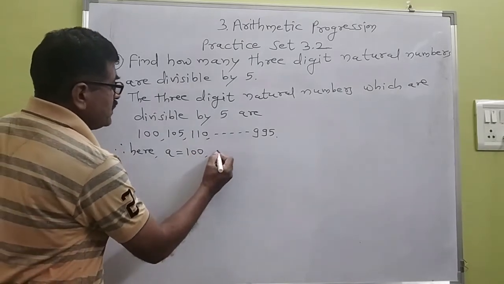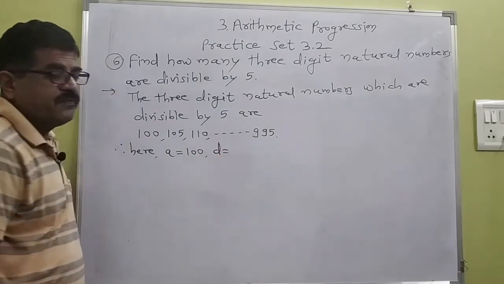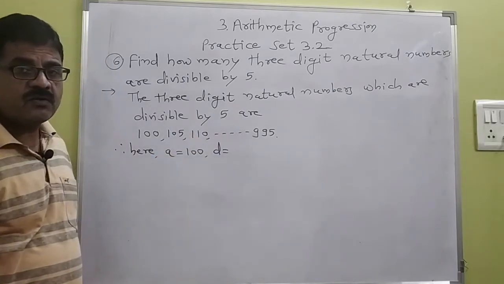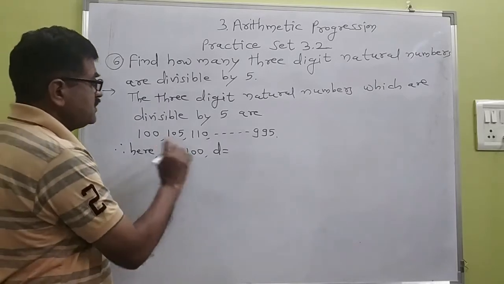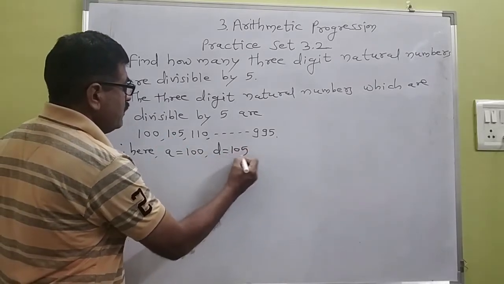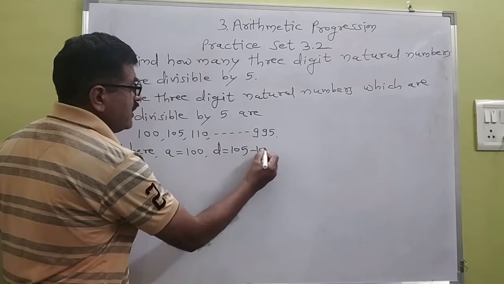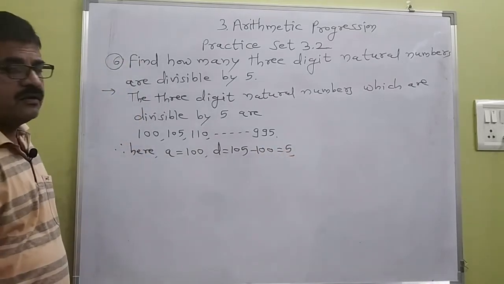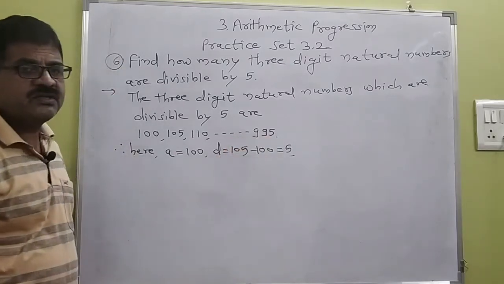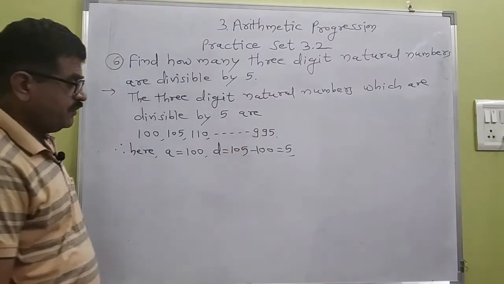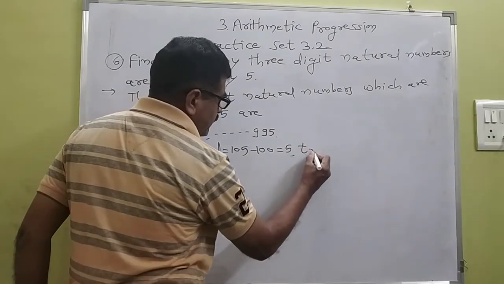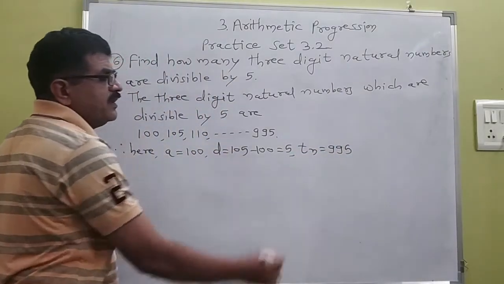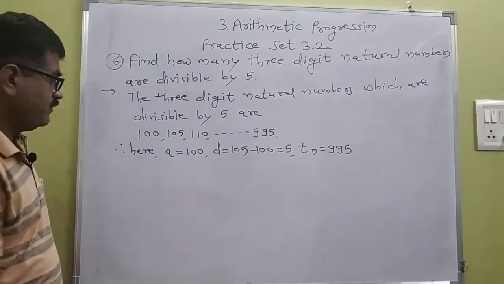Common difference d is the difference between any two consecutive numbers, that is 105 minus 100, which is equal to 5. And 995 is the nth term, therefore Tn is equal to 995. We have to find the value of n.